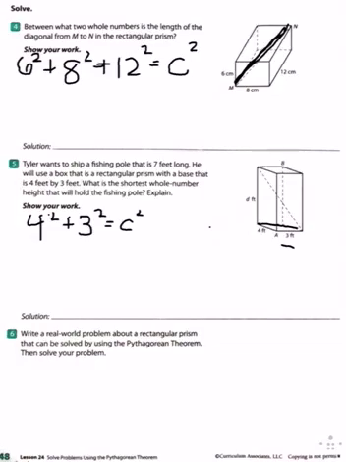Then you can plug in the other problem, except this time you're already given the diagonal 7. So when we plug it in, 5 squared plus d squared equals 7 squared. We're missing the side length here. 5 squared is 25, 7 squared is 49. 49 minus 25, because when we combine like terms, they are on opposite sides, so you do the opposite operation. You subtract 25, you get 24.